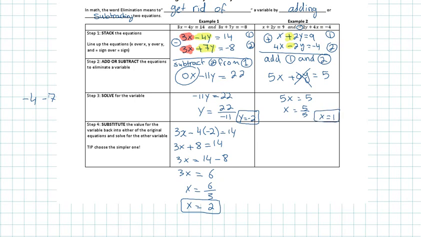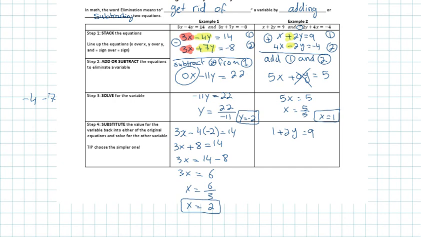So I solved for one letter. Now all I have to do is plug that value into one of the equations. Which one is easier? Doesn't matter, I'm going to choose the first one. So I'm going to plug in the x, which is 1, into the first one. Okay, how do I isolate for y?